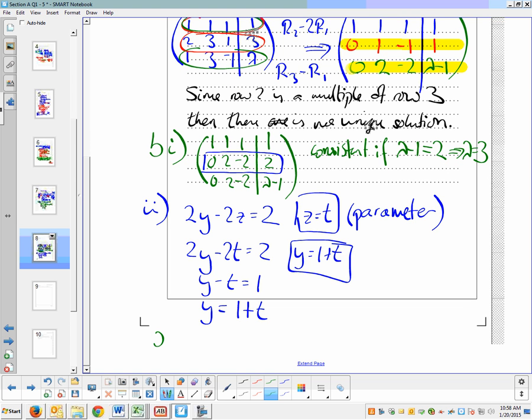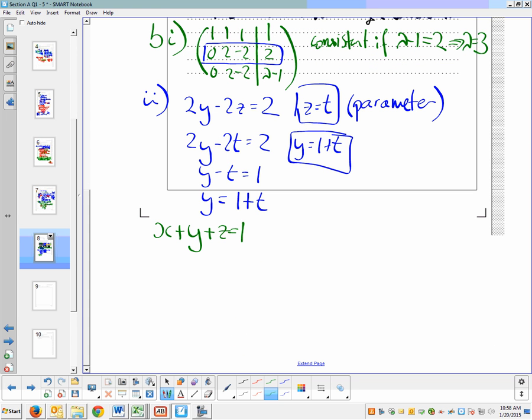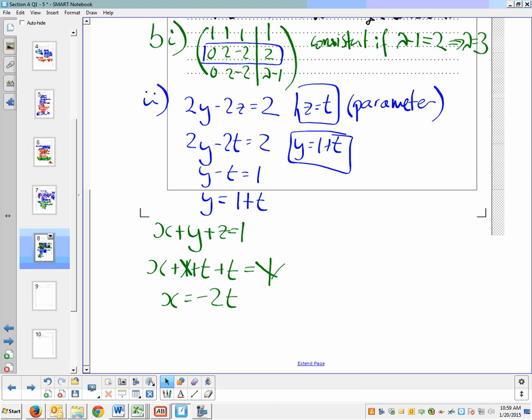That's what I'm going to do. I've got x plus 1 plus t equals 1. So those 1's will cancel. I've got x is equal to minus 2t. Done.